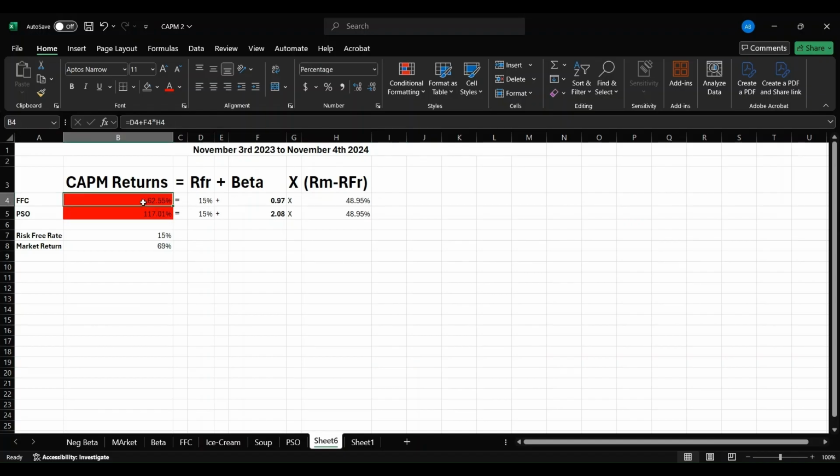For FFC, we get an expected return of 62.5%, and for PSO, we get a return of 117%. These numbers might seem a bit inflated, but that's partly due to the bullish market trend that we're currently experiencing.